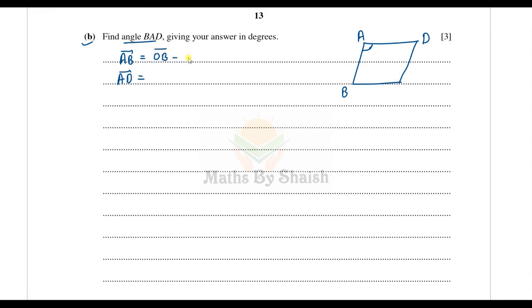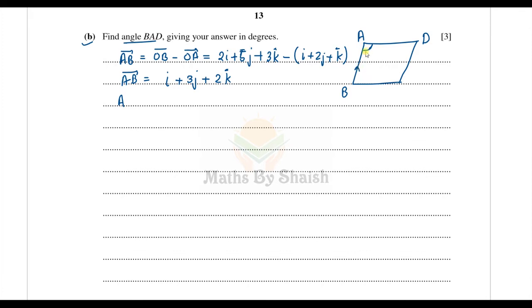So AB vector is OB vector minus OA vector, and that is 2i cap plus 5j cap plus 3k cap minus OA vector, that is i cap plus 2j cap plus k cap, and hence we can write it as i cap plus 3j cap plus 2k cap, and this is the AB vector. And now in the same way, the AD vector.